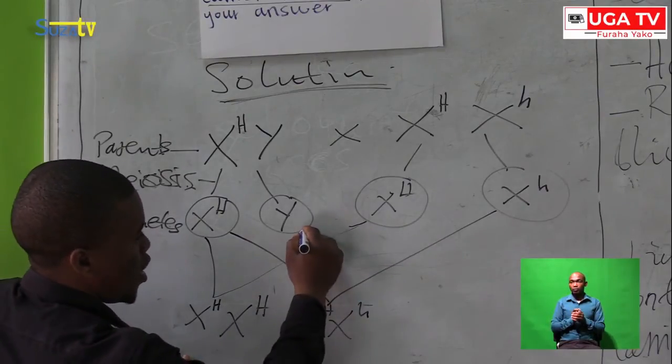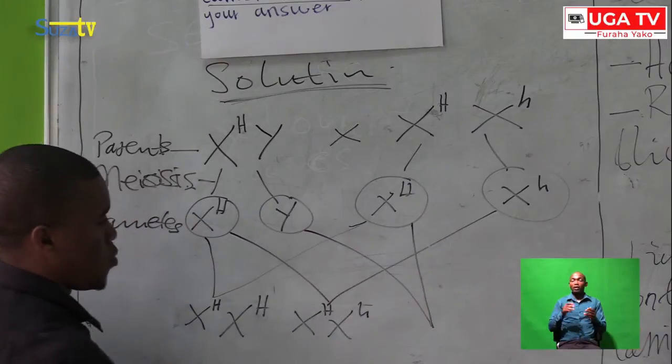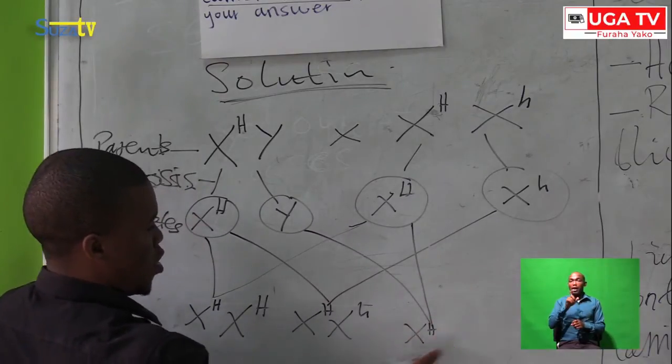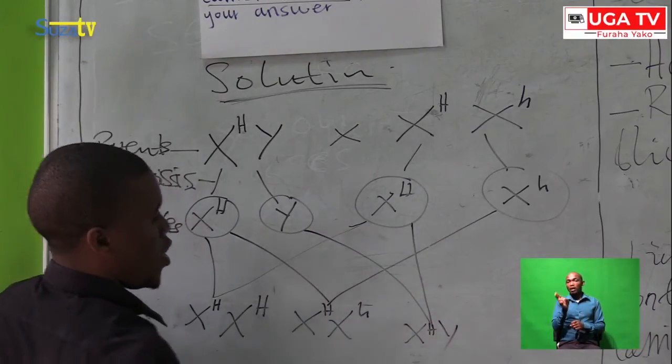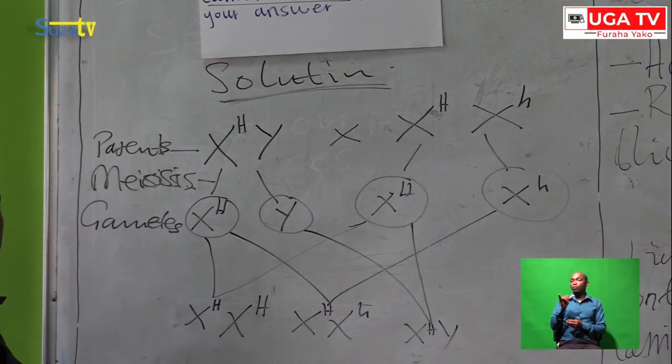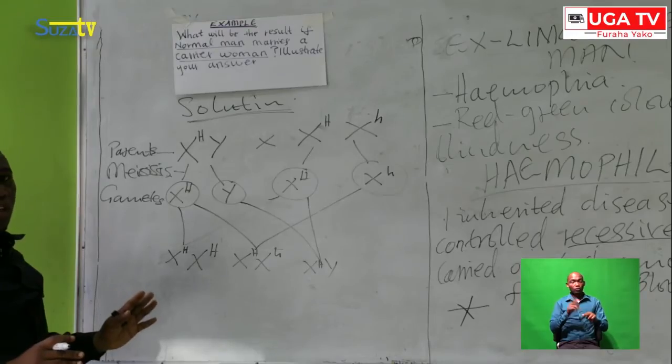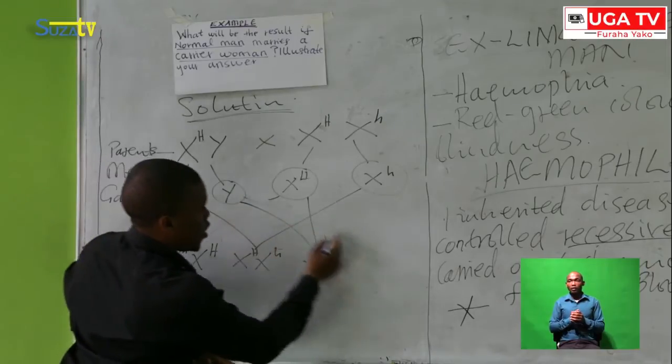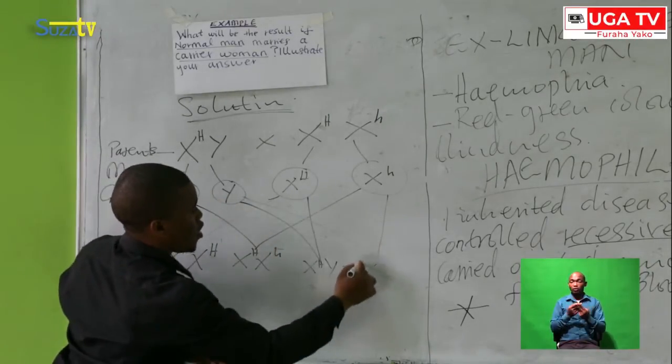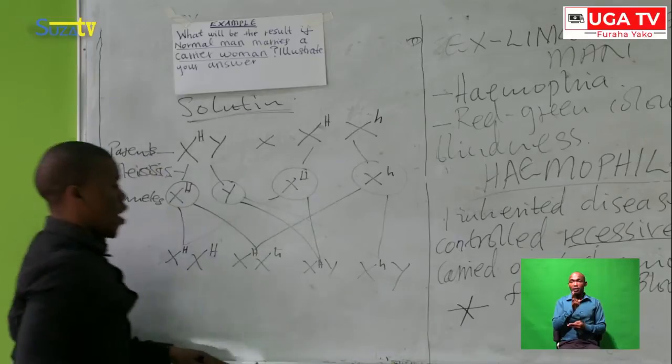Good. And later on we take this one, X dominant gene, while Y is free. We can't put any kind of gene. And this one, X and Y.